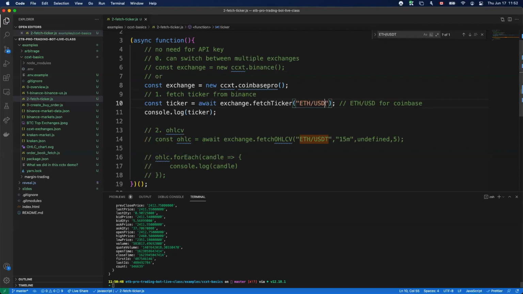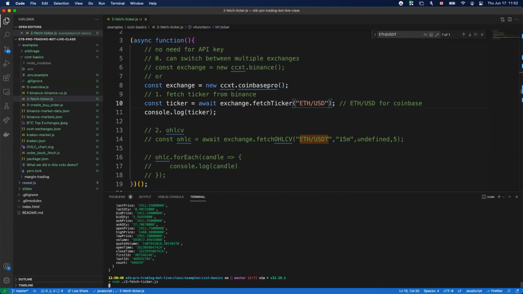So if you query for ETH USDT, then it's going to give you an issue. So the question is, how do I know it? Of course, you will have to do some trial and error. You will have to do the testing, and that's where you will get to know. But I have done this previously, so I know that ETH USDT doesn't exist on Coinbase Pro. So I'll have to use the one that actually exists on Coinbase Pro.